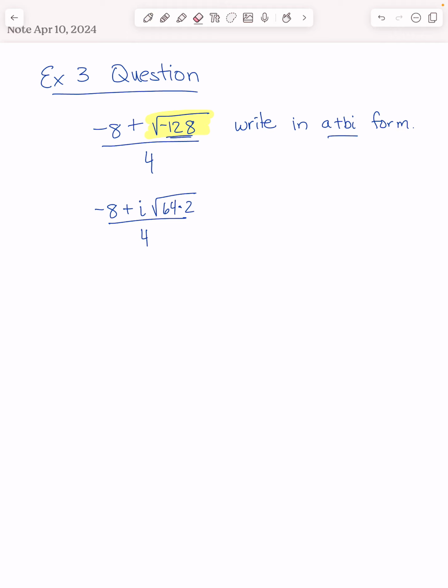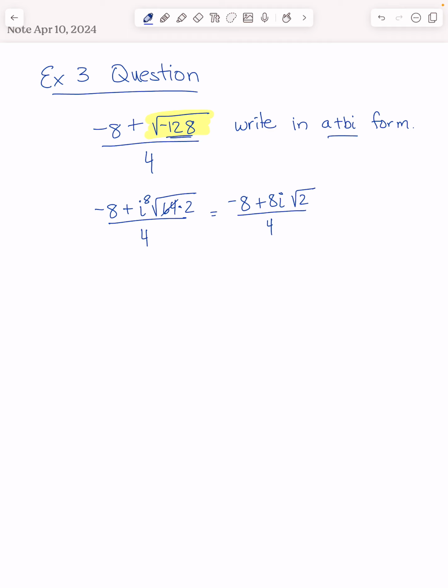And since 128 is 64 times 2, and 64 is a perfect square, that allows me to square root the 64 and pull an 8 out front. Now the 2 does not have any perfect squares in it, so I have to leave it in there, but then that gives me negative 8 plus 8i on the outside. Square root 2 is left in the radical, over 4.